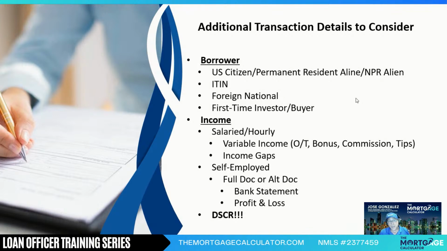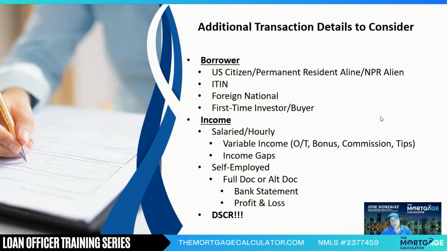Remember, any income gaps or employment gaps more than 30 days have to be documented, explained, and the underwriter has to accept it. So you could get an automated underwriting approval with a 4-month income gap, and then the findings are going to tell you to provide documentation for any gaps greater than 30 days, and the underwriter is going to have to decide if they want to do that.